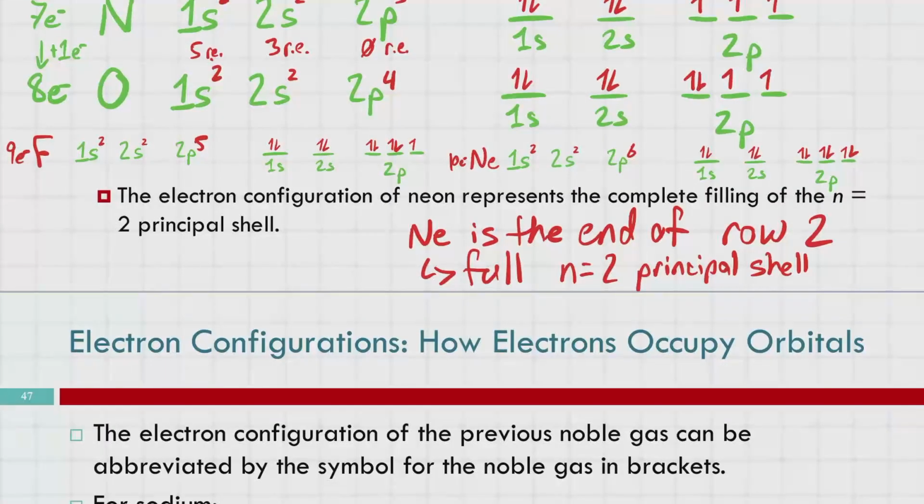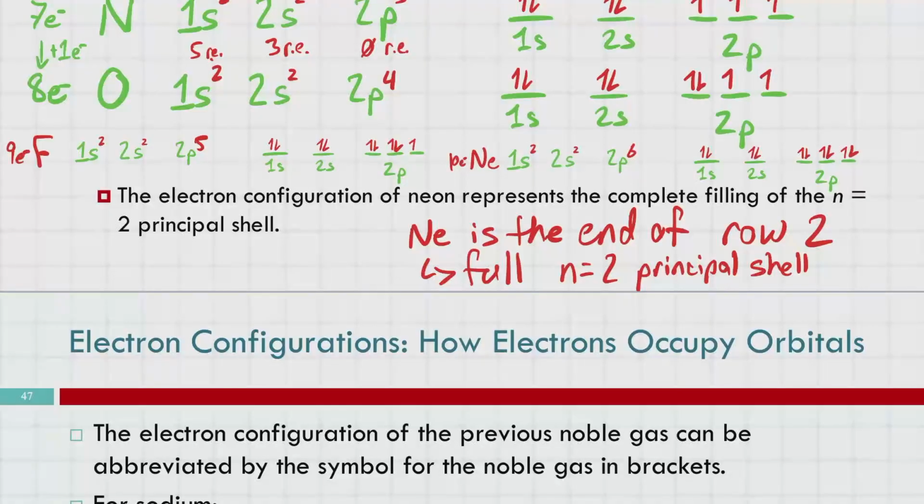The reason that this is important and helpful is that you can imagine that if I said for you to take out your periodic table and write an electron configuration for bismuth, way down here, right, bismuth has 83 electrons.